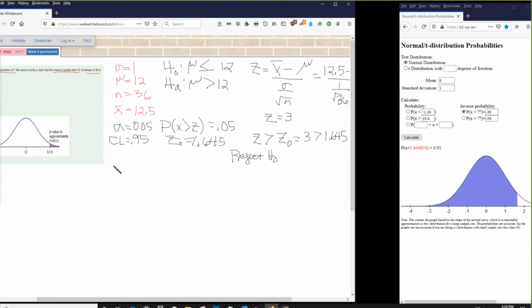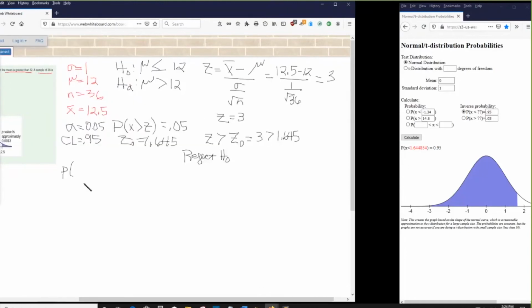So the p-value is going to be the probability that x is greater than 3.